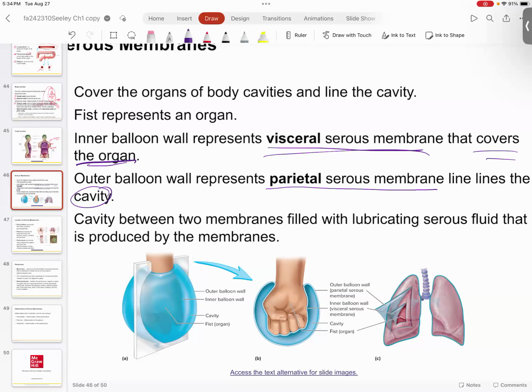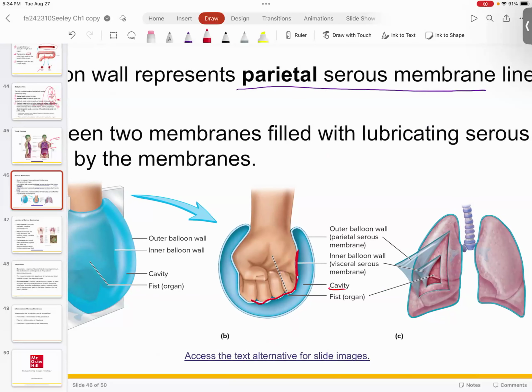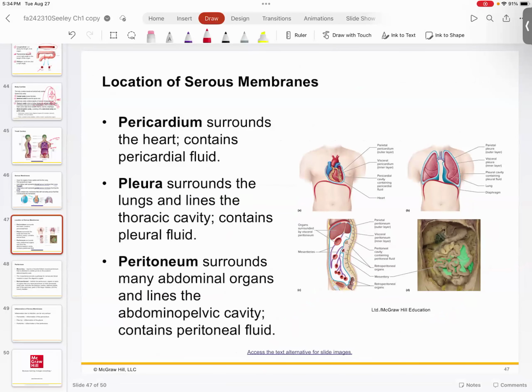So for instance, this piece right here would be the visceral layer because it's resting on top of the organ. Then you have your cavity in between. And then on the outside would be your parietal layer. That's a common pattern that we see in all organ systems. They have that same kind of serous membrane patterning, and we call it by different names in different organs.